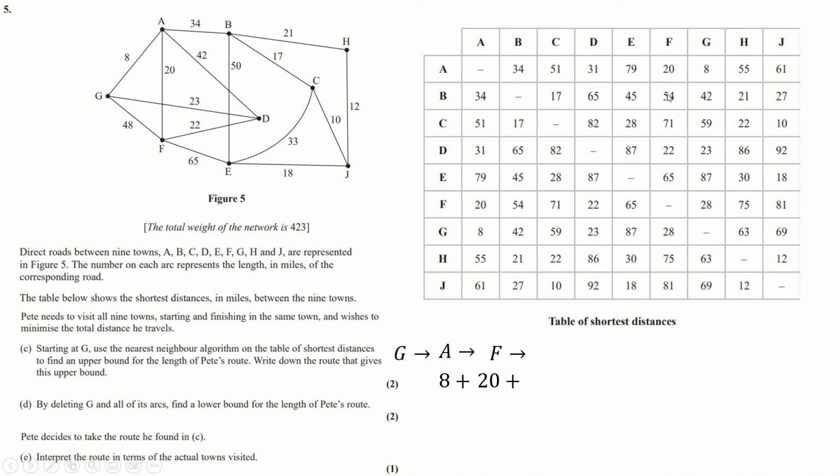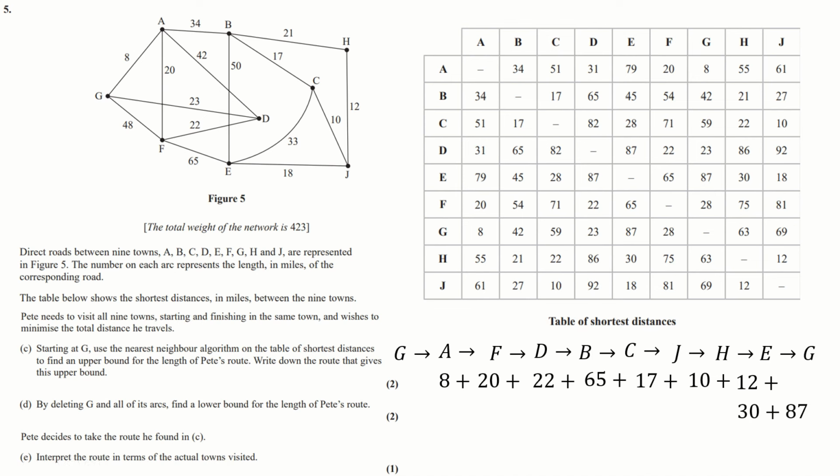But you can't go back to A, and you can't also go to G. The next smallest is D, which is 22. And then look down the D column. Don't go back to one you've already found. Find the smallest number, and so on. Add them all together at the end, of course. And we find this route, and we also find we have to go back to G, of course, at the end. So from E, which ends up being the last one to go to, you just have to take the hit and use this 87 to get yourself back to G. And you end up with 271 as the upper bound.